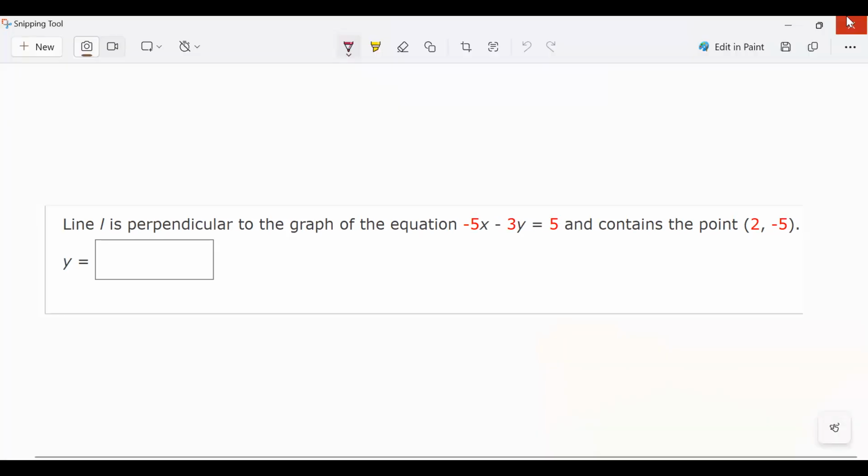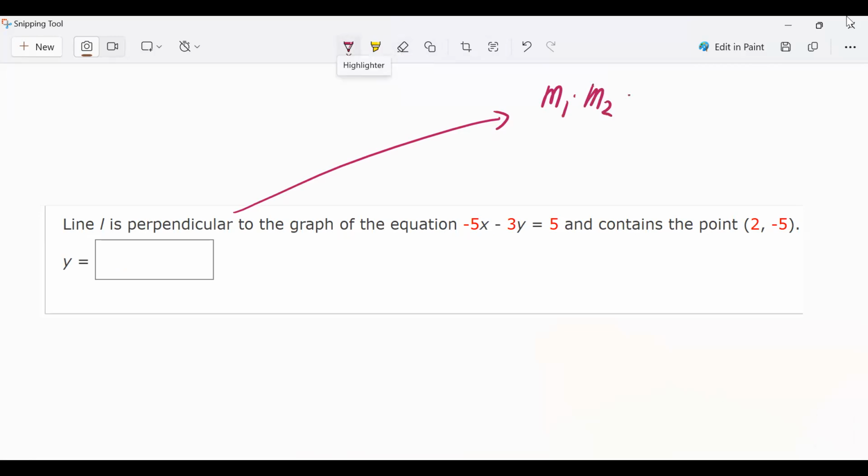Two lines are perpendicular, so slope of line number 1 times slope of line number 2 equals -1. Or you can say the second slope is the negative reciprocal of the first slope. But you can do this; it is easier for representing the relationship between the two slopes.